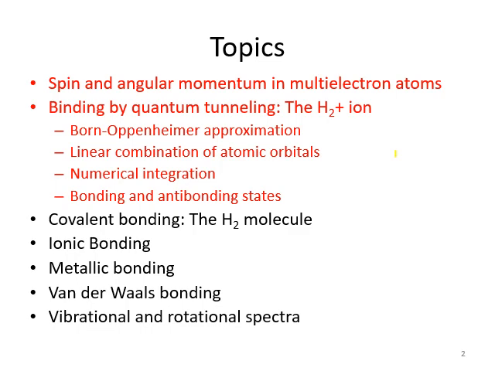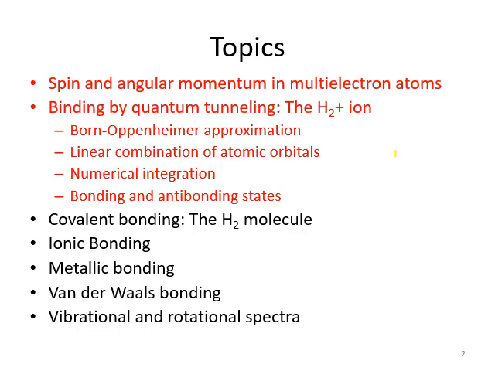I've renamed it here according to the primary mechanism, which is binding by quantum tunneling. And for this class, we're going to focus on a simple, complicated system, which is two protons with one electron. So it's the hydrogen molecule ion, H2 plus.